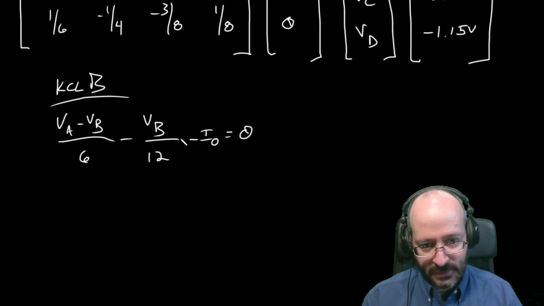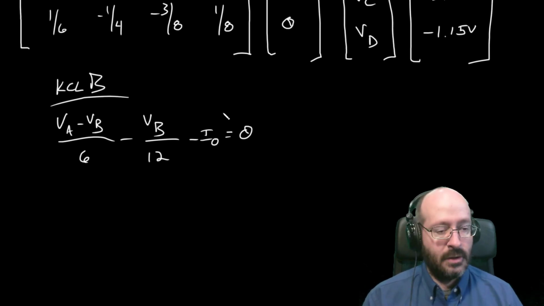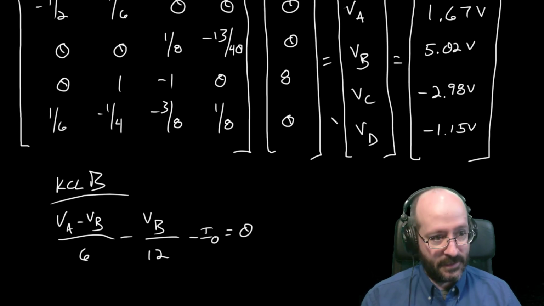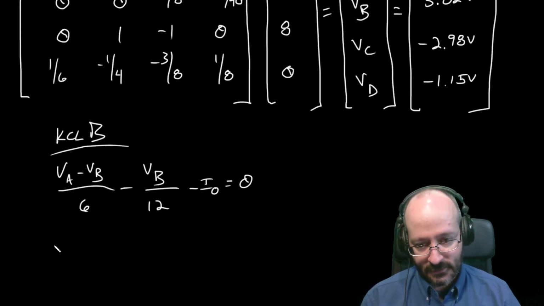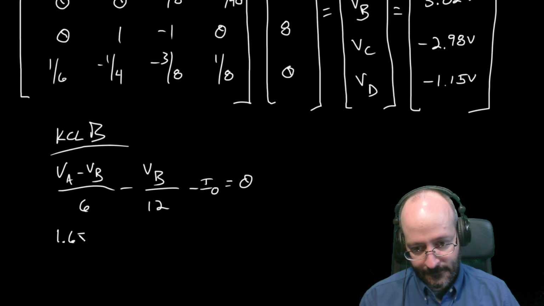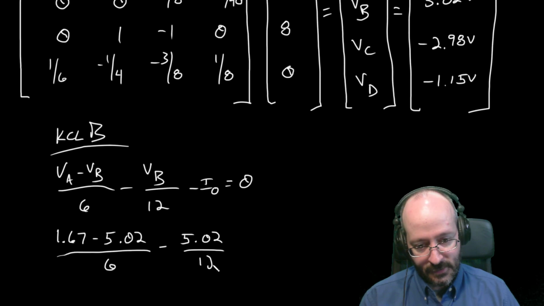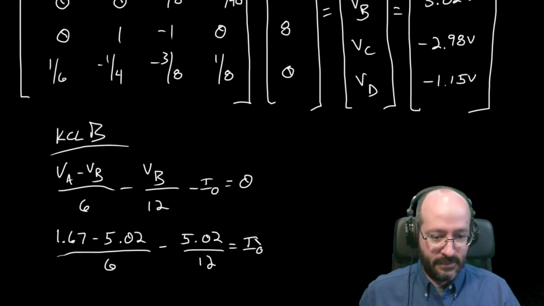The only unknown is I out. And then we just got to plug some stuff in. So we've got 1.67 minus 5.02 over 6, and we've got minus 5.02 over 12, and I can bring that I out over to the right hand side to get it all by itself.